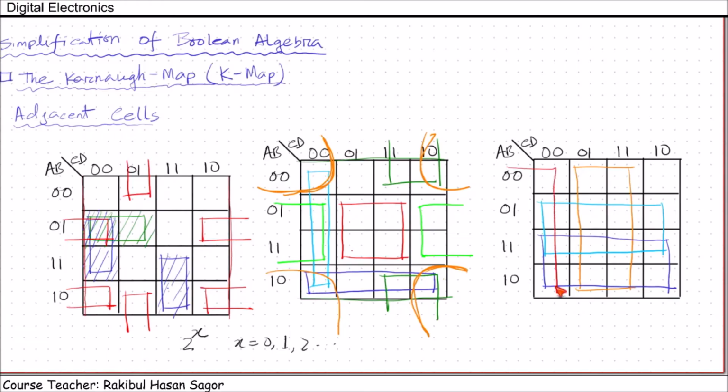These 8 rectangles are also adjacent to each other. If we make a cylinder by connecting these two sides, these 4 and these 4 are adjacent and they will make 8. Again, these 4 and these 4 will make 8 and they are adjacent.